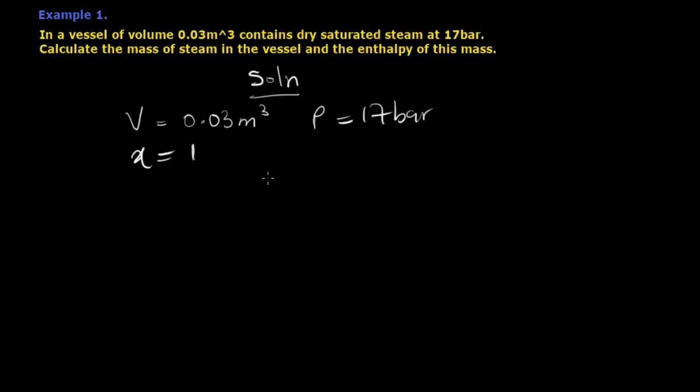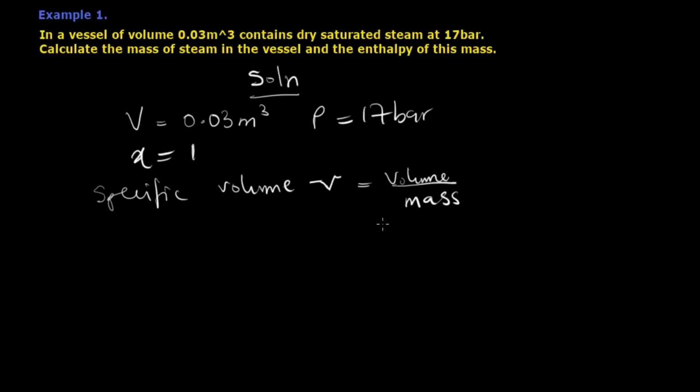So to find the mass, remember that specific volume, small v, is equal to volume per unit mass. Anything specific is over mass, both enthalpy, entropy, and the rest.